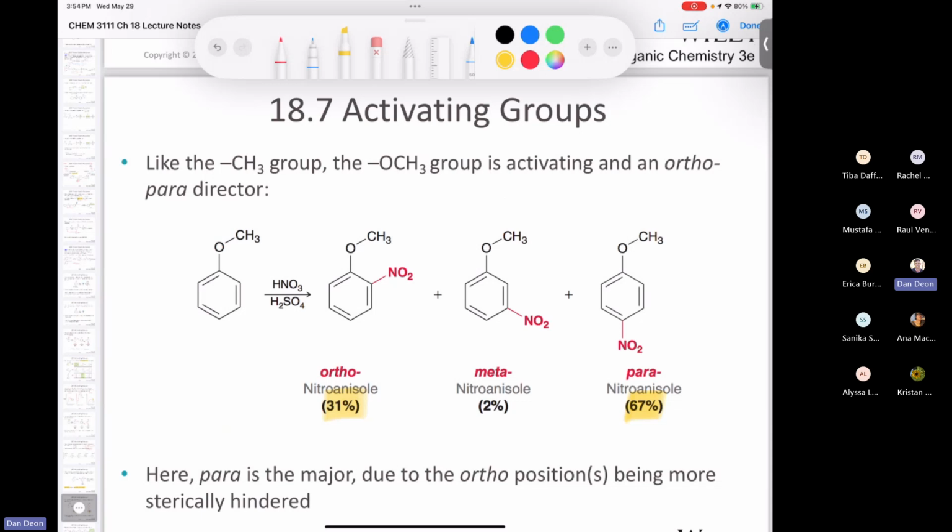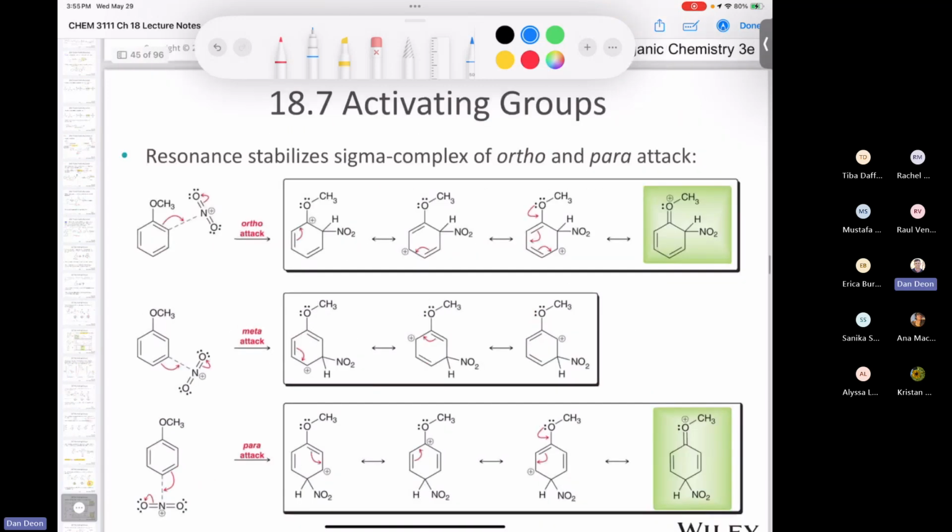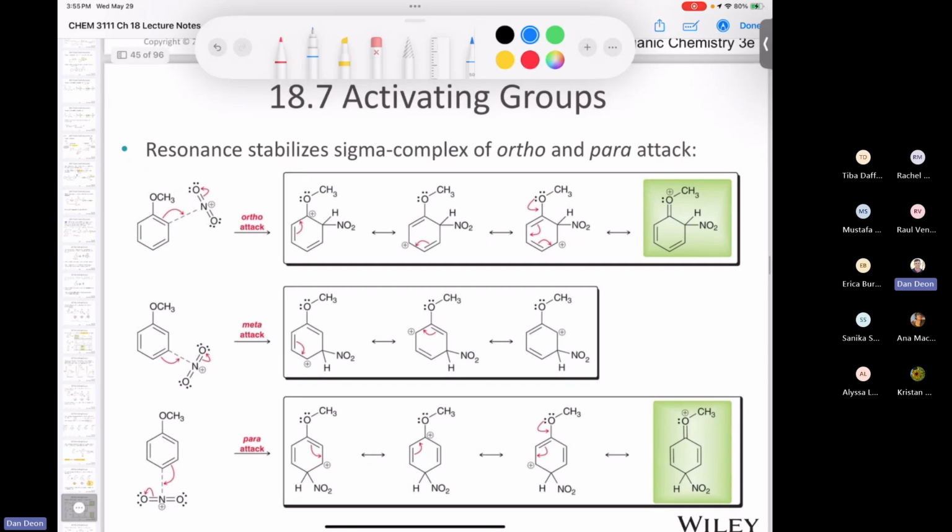With toluene, it gave you most of the product at the ortho position, but with any other group, it's going to give you most of the product at the para position. Why? Because there's free rotation around this sigma bond, which kind of sterically hinders the two ortho positions.